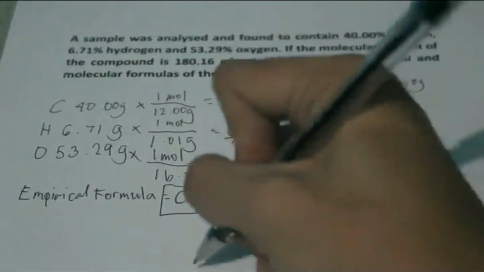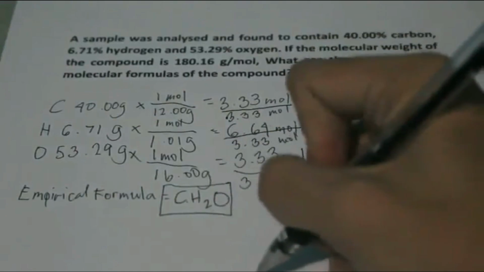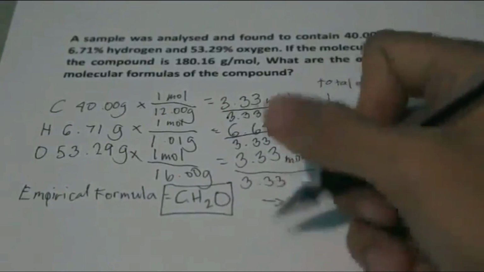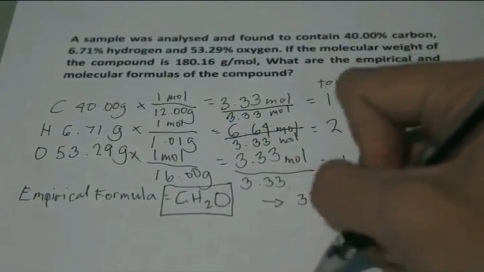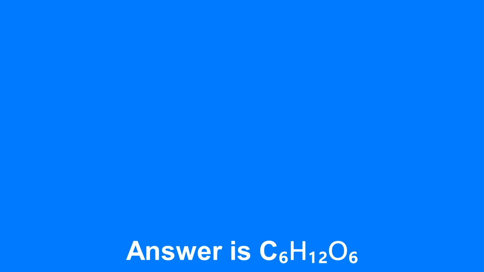The answer is 6. And then we will multiply 6 to the compound. The answer is C6H12O6. And this will be our molecular formula.